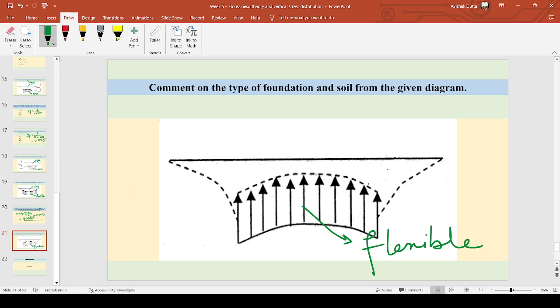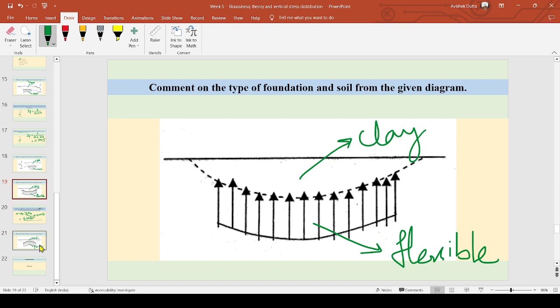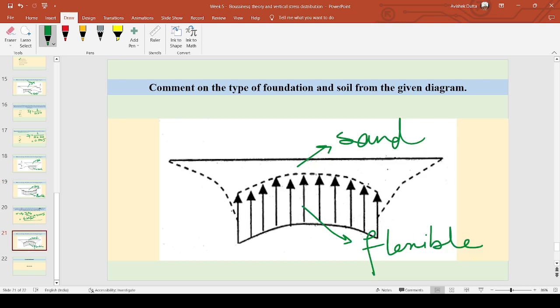So, this kind of soil is cohesionless or sand. So, the previous one was flexible footing on clay, and this one is flexible footing on cohesionless or sandy soil. So, using the pressure distribution and type of settlement, we can find out the type of foundation and the type of soil.